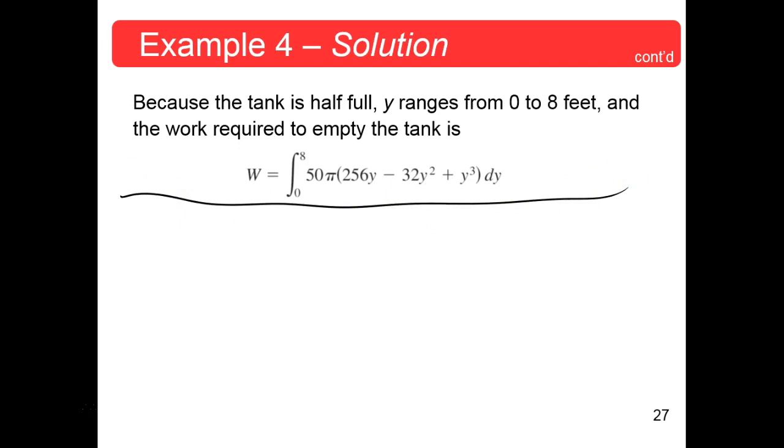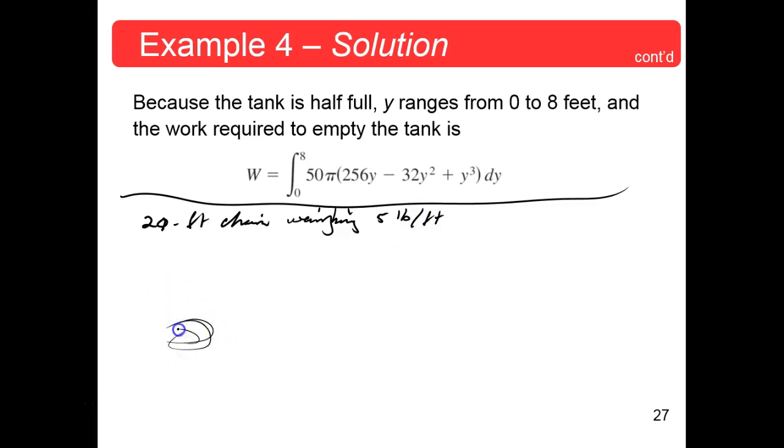Now, this is another one. Lifting a chain. This is one where you probably will do the other increment. A 20-foot chain weighing 5 pounds per foot is lying coiled on the ground.